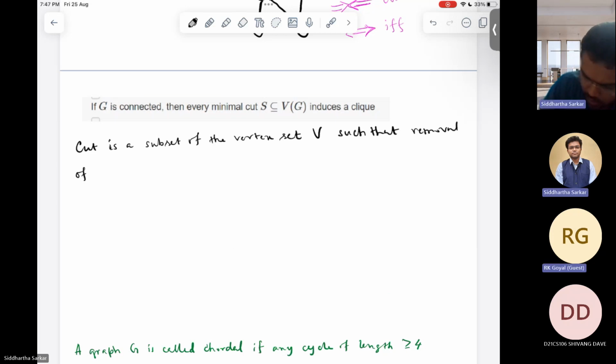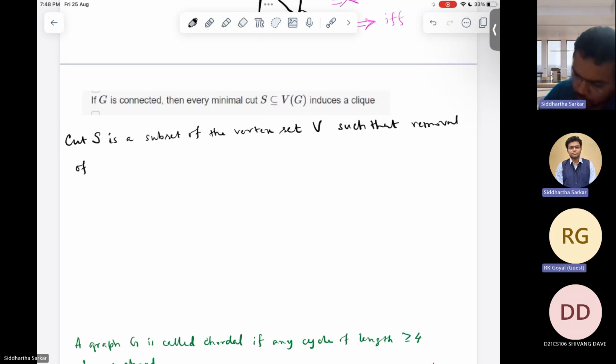Let us denote the cut by S. So S is a set of vertices which is a subset of the vertex set, and if you remove this cut, then the graph becomes disconnected. Removal of S from G makes G disconnected. So that is the meaning of a cut.